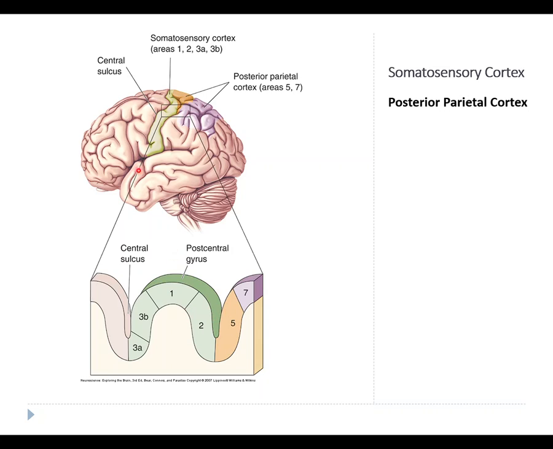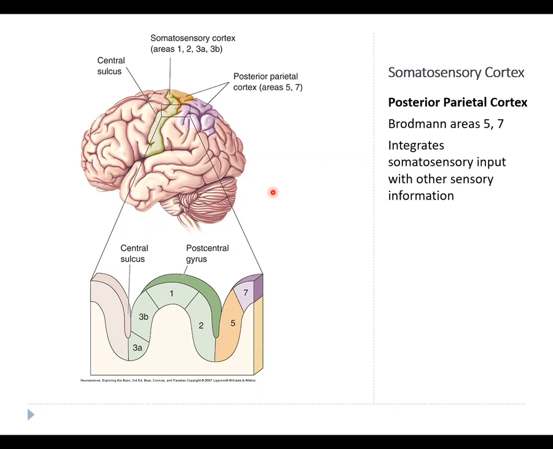That means just the region of cortex that's posterior to the central sulcus and still part of the parietal lobe. So remember that this whole area is parietal lobe, and then back here is occipital lobe. Posterior parietal cortex happens to correspond to Brodmann areas 5 and 7.